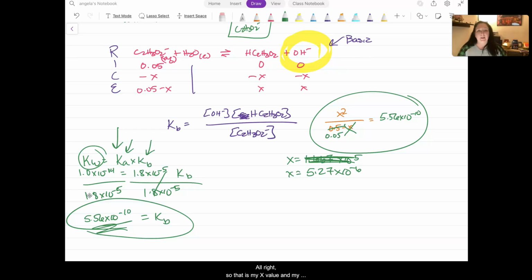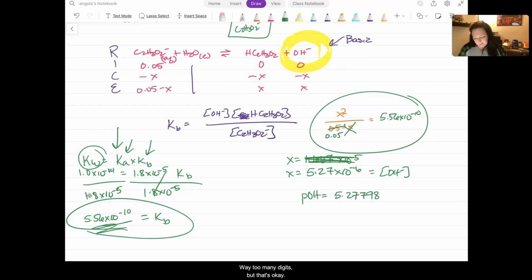So that is my x value, and my x is the concentration of my OH minus. Well, let's take the negative log of that. So negative log of that answer, and I get that the pOH is 5.2788.